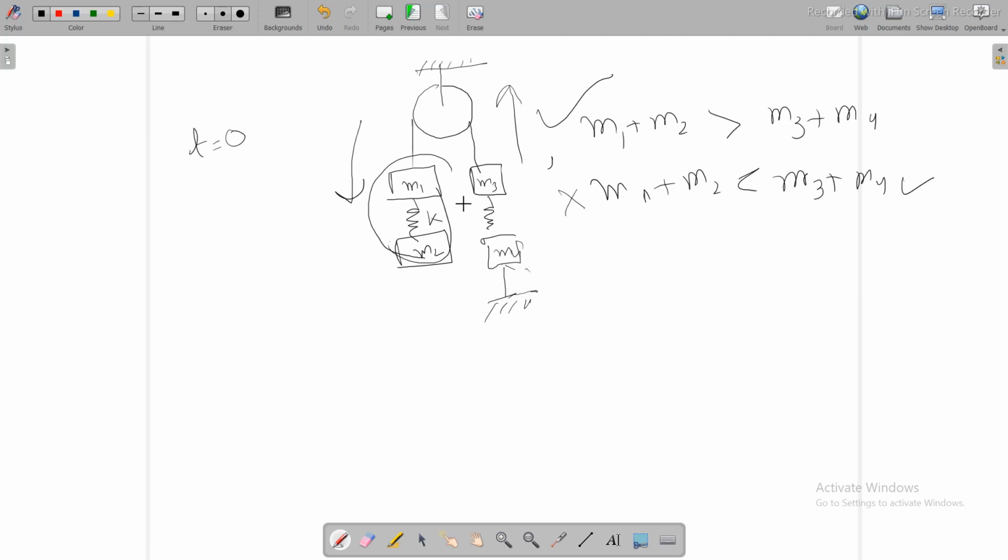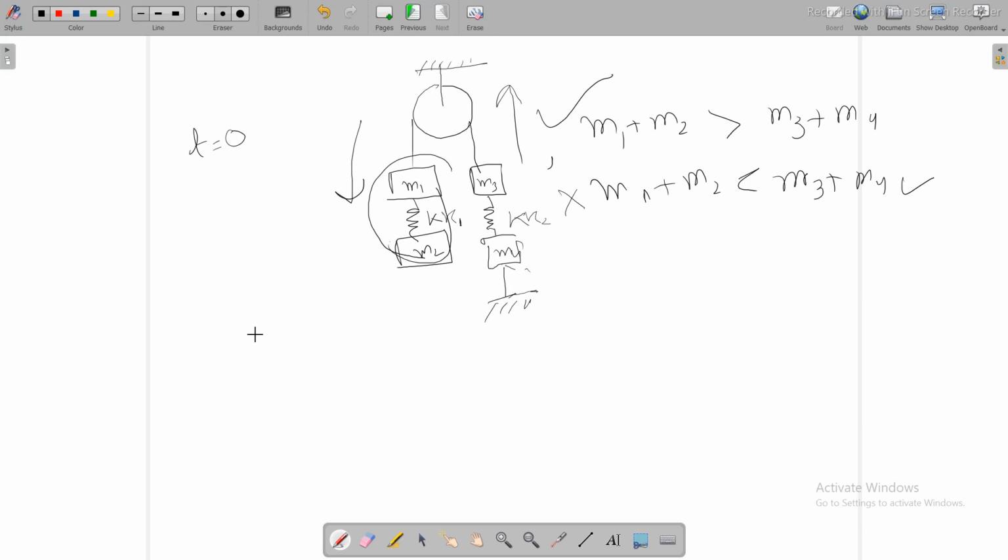So there will be extension in this spring plus this spring. Assume that the extension in the spring will be x1, then the force in the spring will be kx1. Similarly, the extension will be x2, therefore the restoring force applied by the spring will be kx2, opposite to elongation.